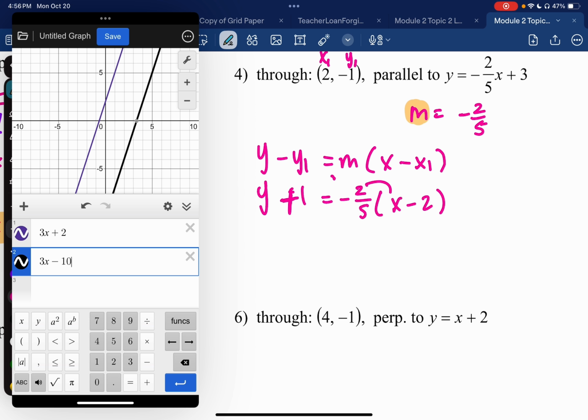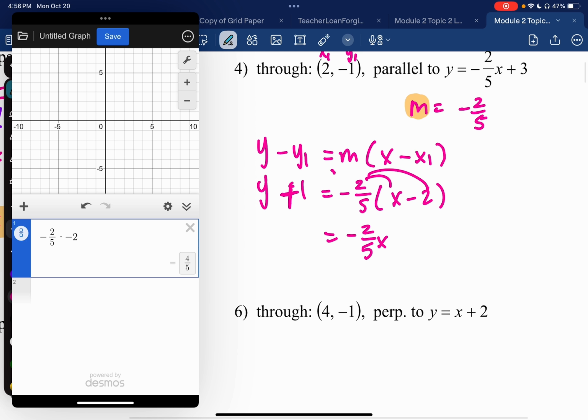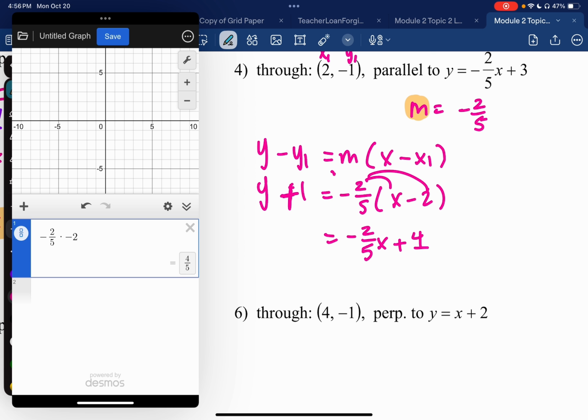All right, multiply, multiply. This can be negative 2 over 5x. And we multiply negative 2 over 5 times negative 2, which will give me, change it to a fraction, positive 4 over 5, bam, plus 1.